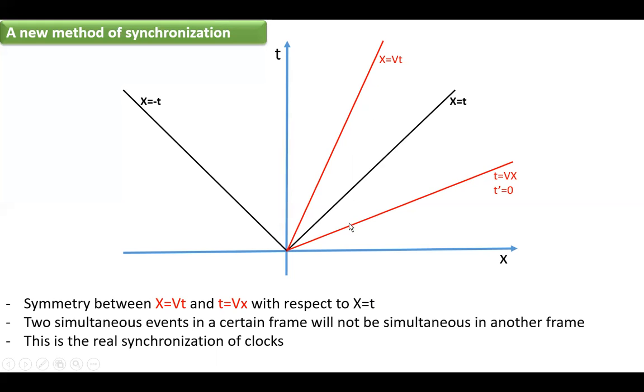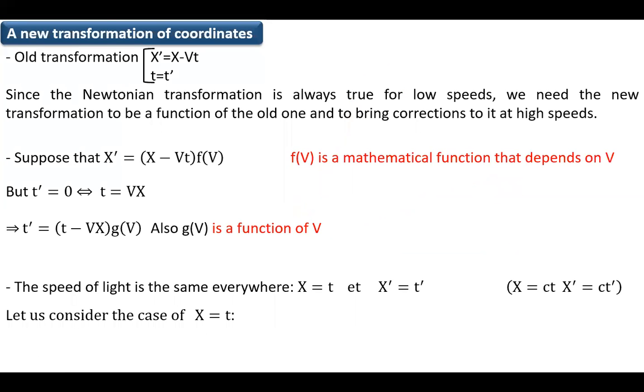You can see x prime and t prime are tilted with respect to x and t because the origin is moving with a speed v. These angles are exactly equal because the lines are symmetric with respect to x equals t. So we will use this new synchronization from now on throughout the entire course.